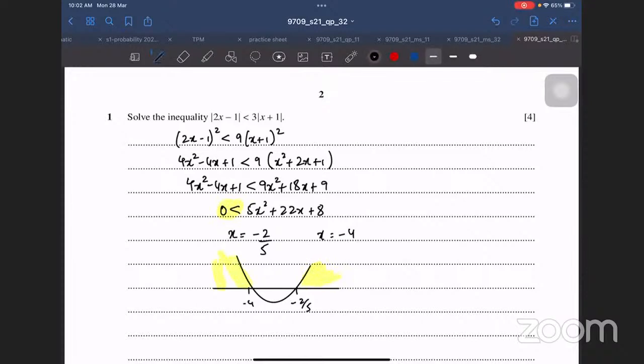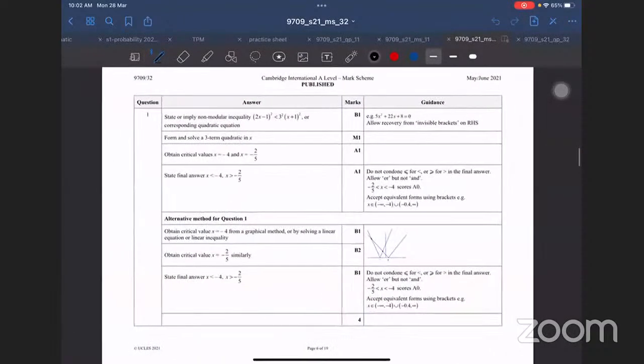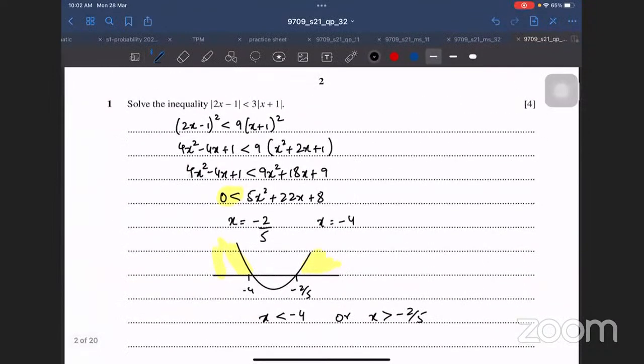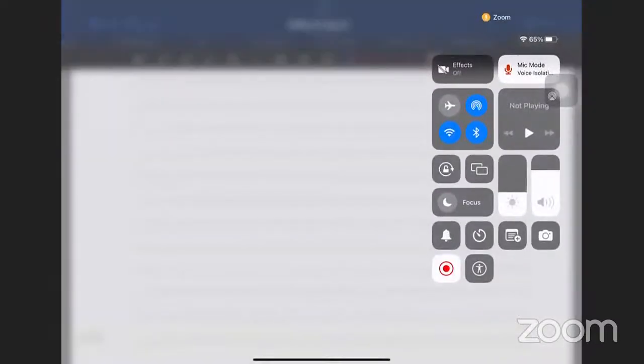So less than minus 4 or greater than minus 2 over 5. I could have also used my calculator to directly solve this quadratic inequality, and that would have given me the correct answer as well.